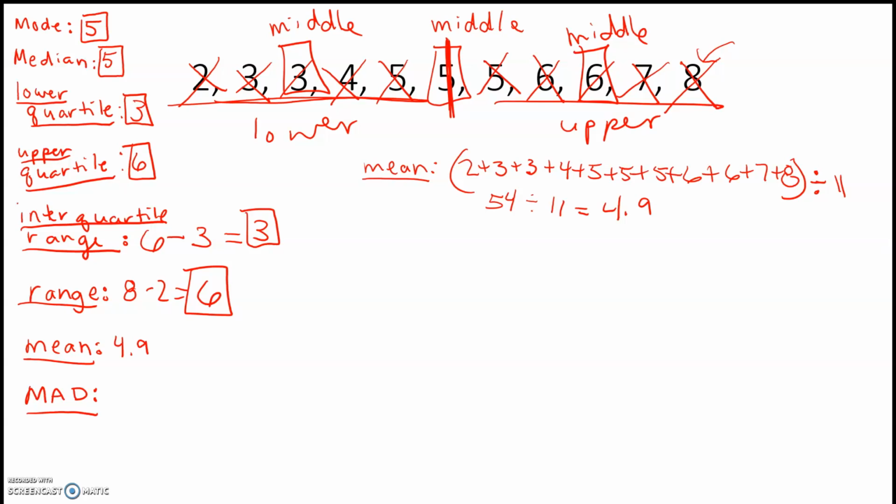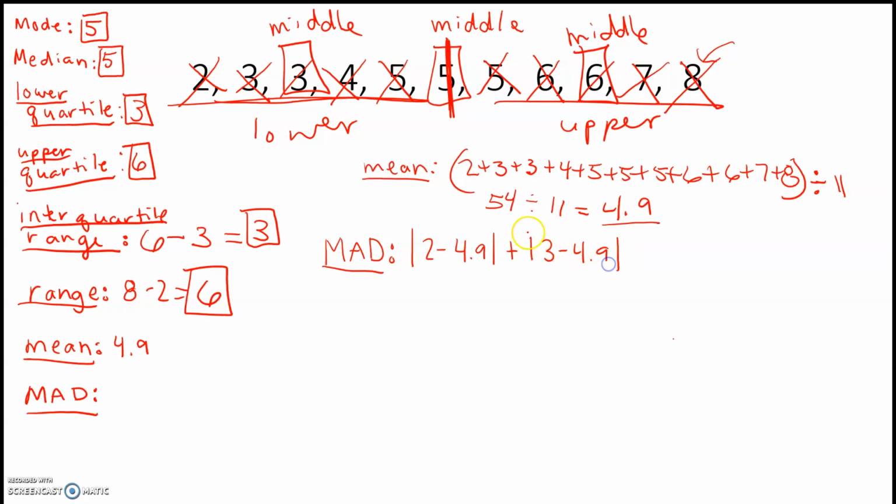Okay, if I had more time, I would go into more of an explanation of this, but I want you guys to understand this part now. When you're doing the MAD, you are figuring out the absolute value distance that each number is away from your mean. So with an absolute value sign, you're doing 2 minus 4.9 plus 3 minus 4.9.